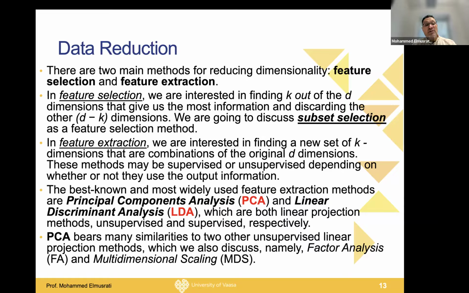The second one is the feature extraction. Feature extraction, as I said, works by projection. And the nice thing with feature extraction, especially PCA, the principal component analysis, is that it is unsupervised. What does unsupervised mean? It means that you don't need to do any kind of machine learning, not like in the feature selection where we apply the machine learning with the data.